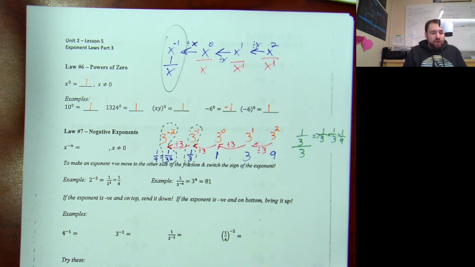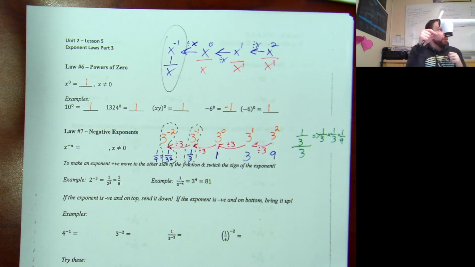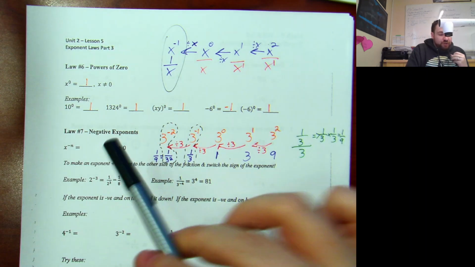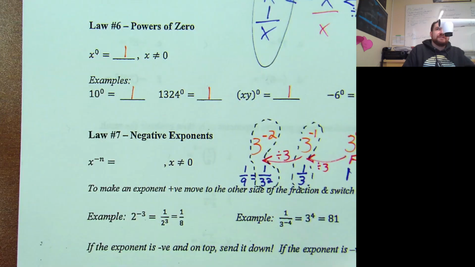So what I'm trying to get you to see here is this relationship that exists, because we look for these relationships to allow us to find shortcuts. So if I have x to the power of negative n, I'll zoom this in here so it's easier to see. X to the power of negative n is going to equal what? What's the shortcut?